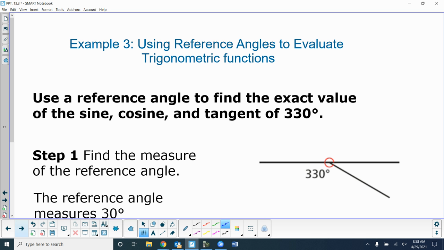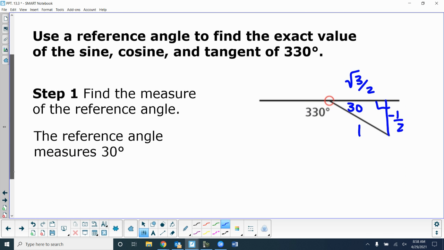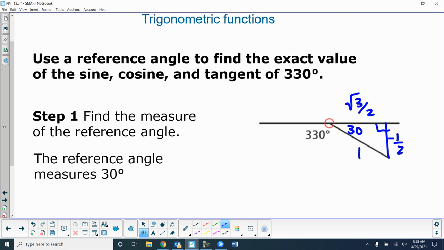So they're doing, what's the reference angle here? Third, right? So I would finish off, that's my 1/2, that's my 1, that's my radical 3 over 2. Okay? They wanted all 3.